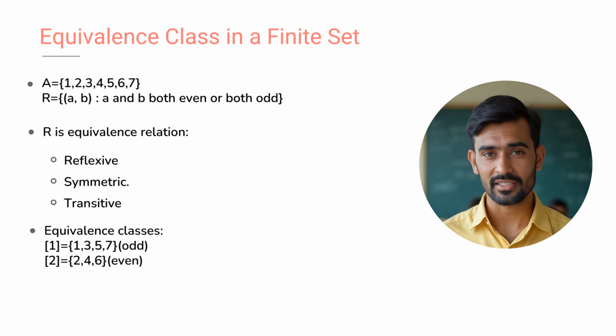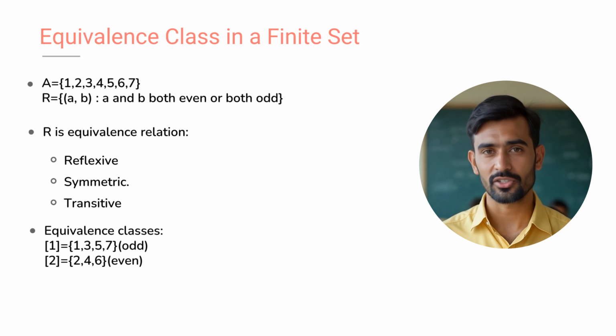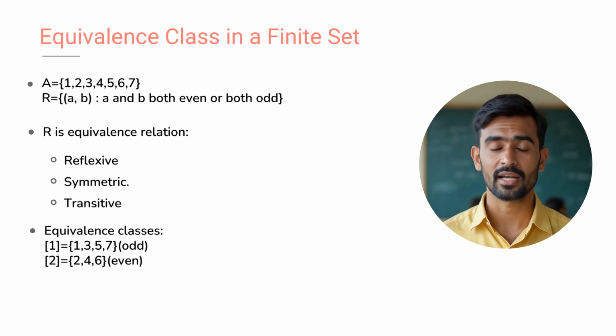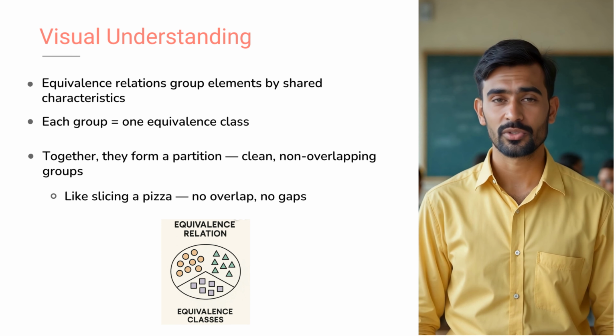Now the equivalence classes are: the equivalence class of 1 includes all the odd numbers in our set, 1, 3, 5, and 7. The equivalence class of 2 includes all the even numbers, 2, 4, and 6. These form a partition of the set A into 2 non-overlapping groups. Each equivalence class is one of these groups.